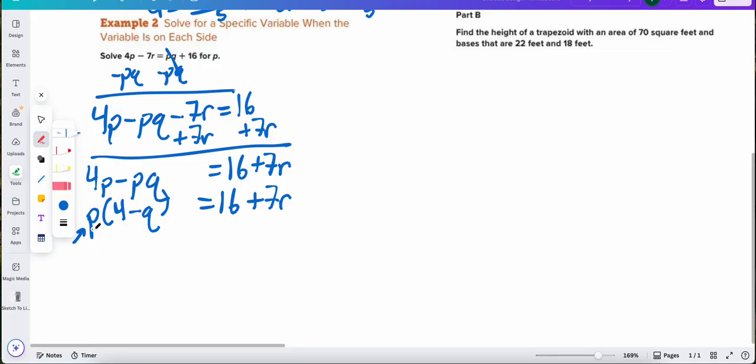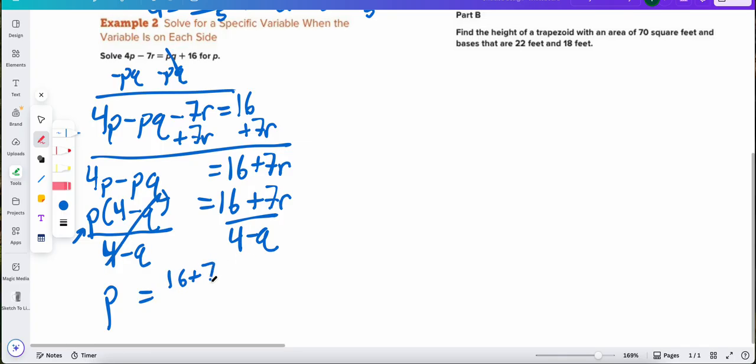Now, p is being multiplied by something, so to get p by itself, I would divide by that 4 minus q. So we're left with p, because those 4 minus q's cancel. And then this, there's not really a simplified version to write it in.